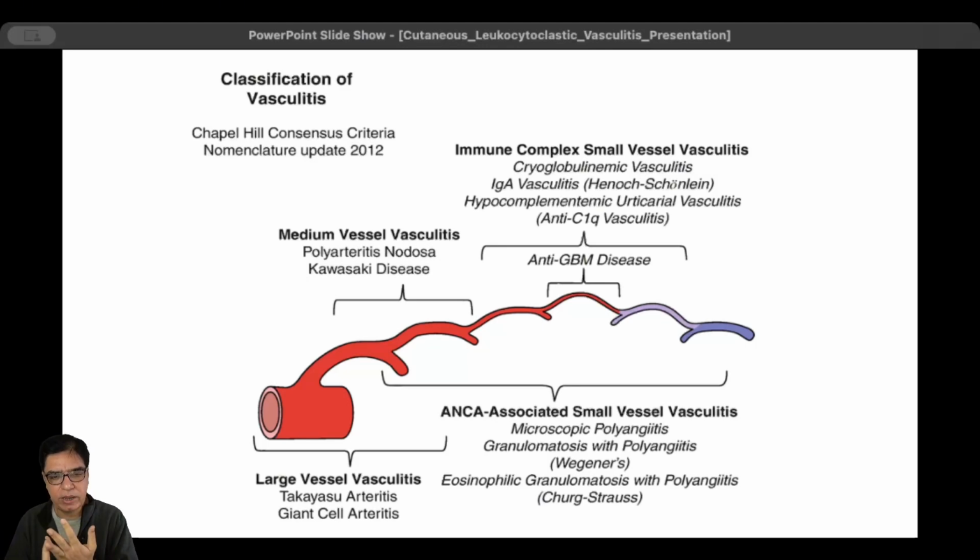So there are three types of vasculitis: large vessel, medium vessel, and small vessel vasculitis. The large ones are Takayasu's arteritis, which is inflammation of the aorta, and giant cell arteritis, which causes headaches and everything. Usually rare in children, mostly occurs in adults.